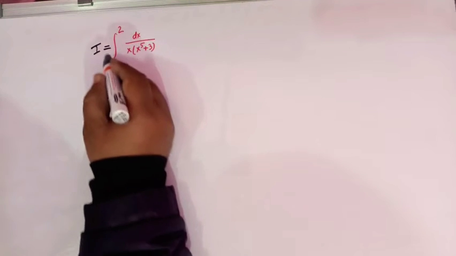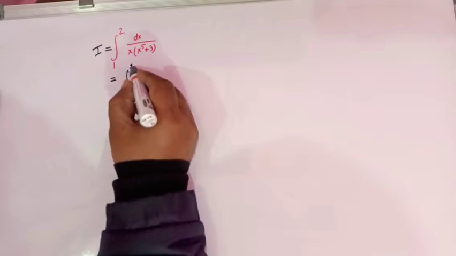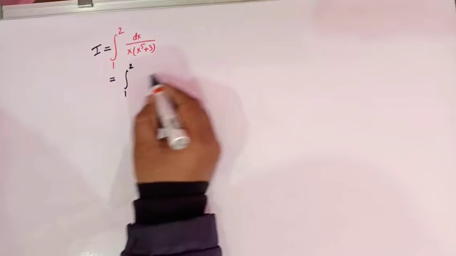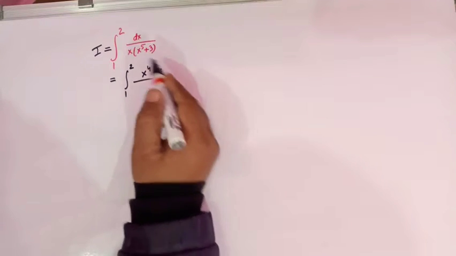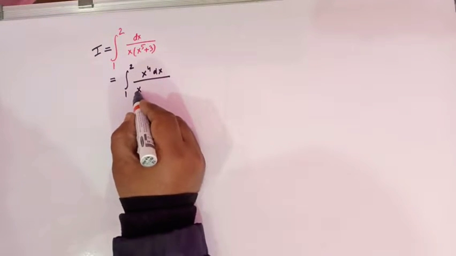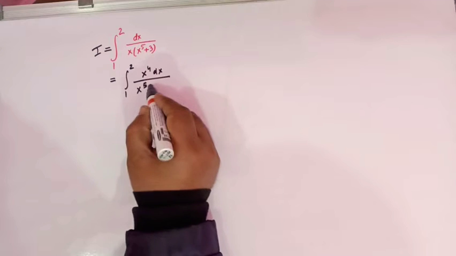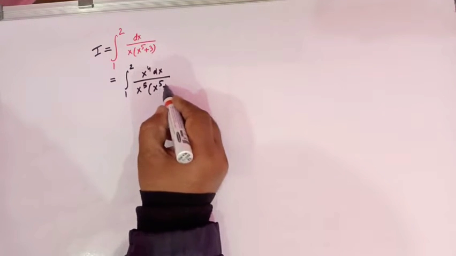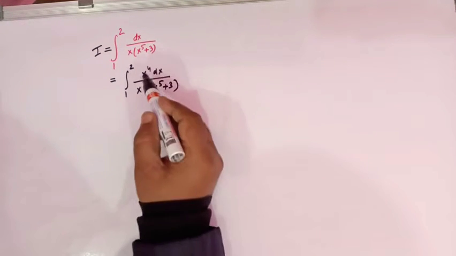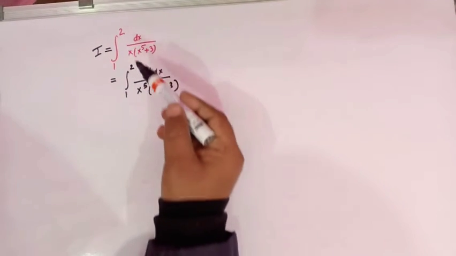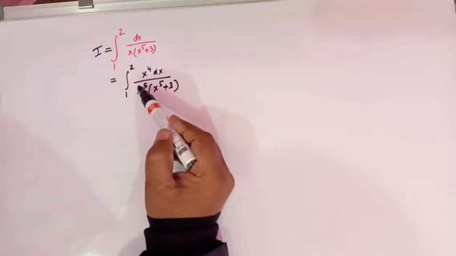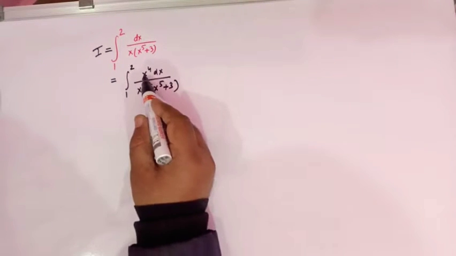So let us first write this integral from 1 to 2, with x raised to 4 in the numerator, and in the denominator we can write x raised to 5 times (x raised to 5 plus 3). Now what we have done here is multiply the numerator and denominator by x raised to 4.